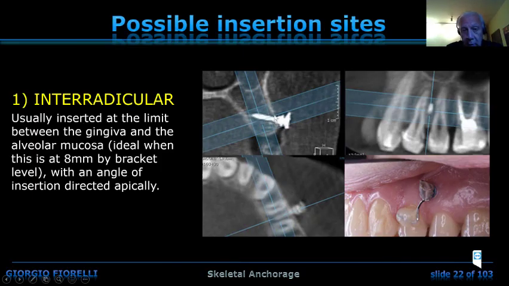You see that we crossed the buccal cortical bone. We are close, but we are not touching the palatal cortical bone. Here we see the TAD, which is quite nicely inserted between those two roots, and we see the same here. So this is a very nice insertion.